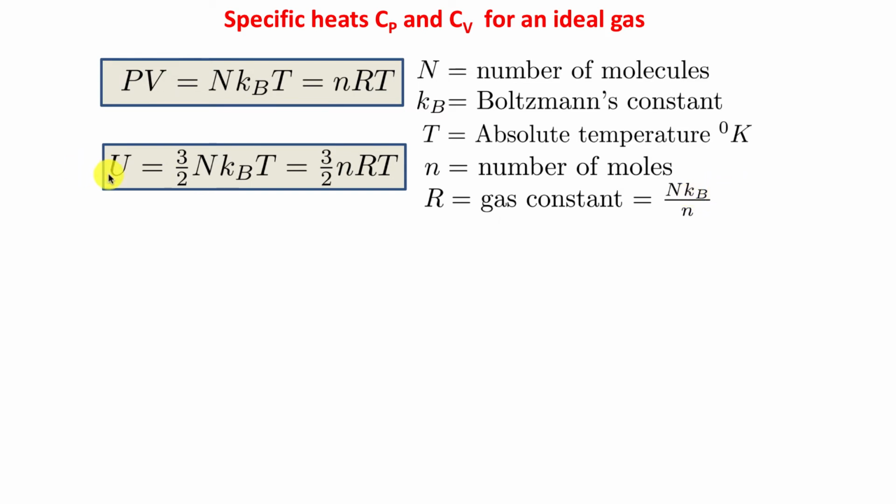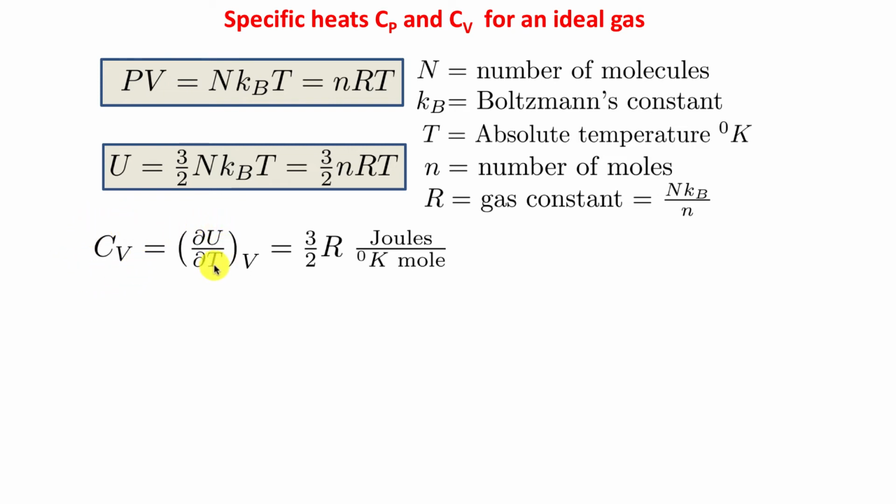The internal energy of an ideal gas has a very simple form. It's 3 over 2 N k_B T, which is the same as 3 over 2 nRT. This can be easily derived from statistical mechanics, but since we haven't studied that as yet, just accept it for now. Now it's very easy to calculate the specific heat at constant volume.